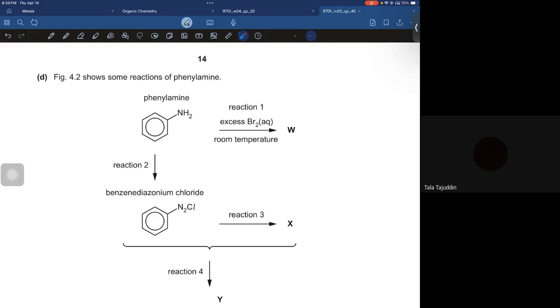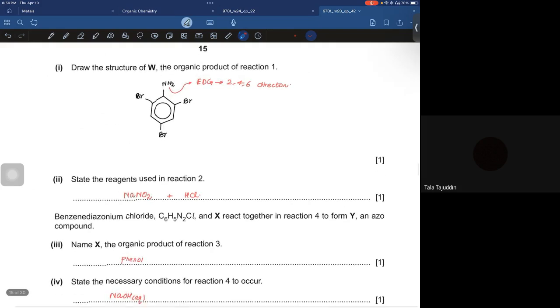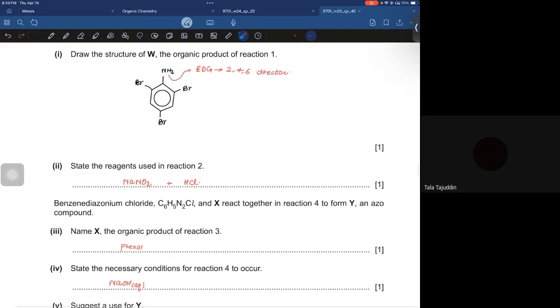So of course we reacted with NaNO2, that is called sodium nitrite, with HCl. Whenever you are going to react NH2 with this, you can say NaNO2 and HCl.